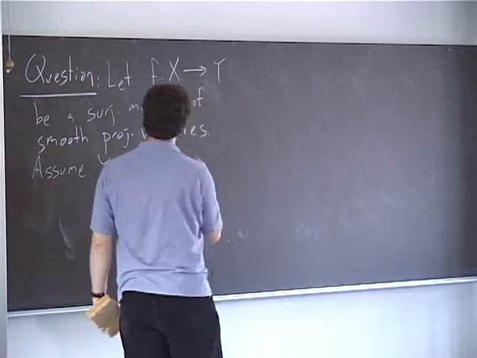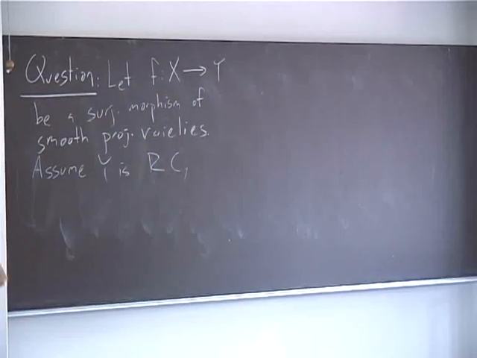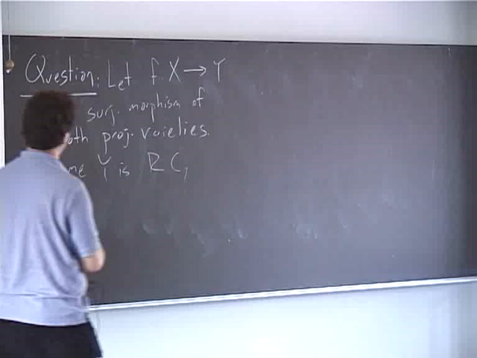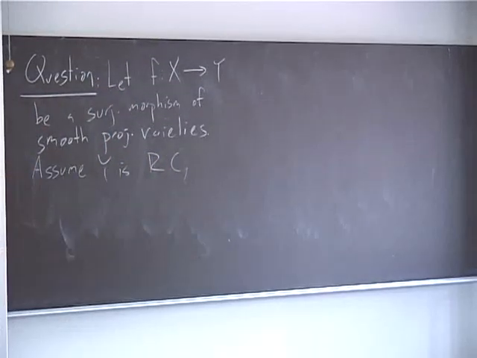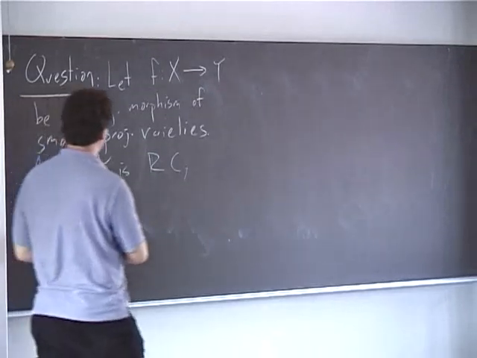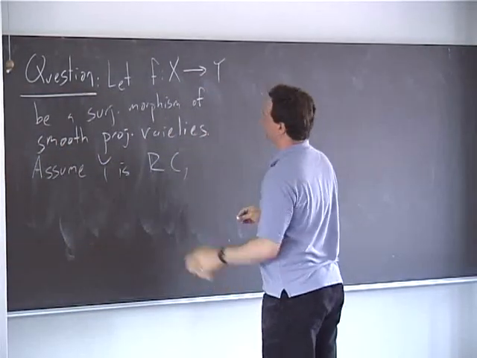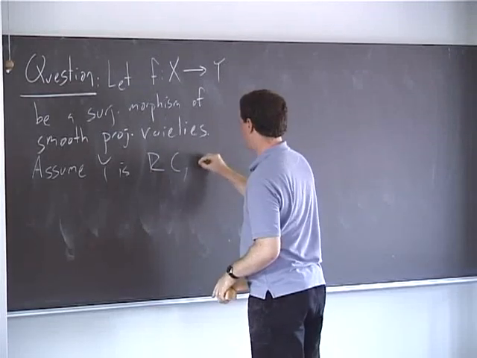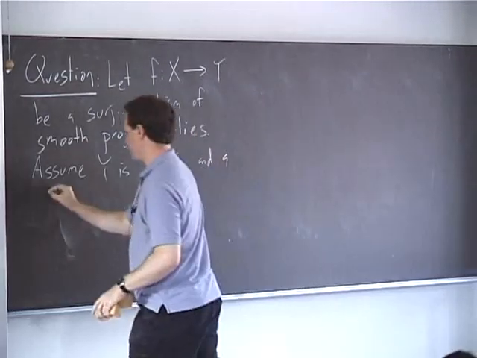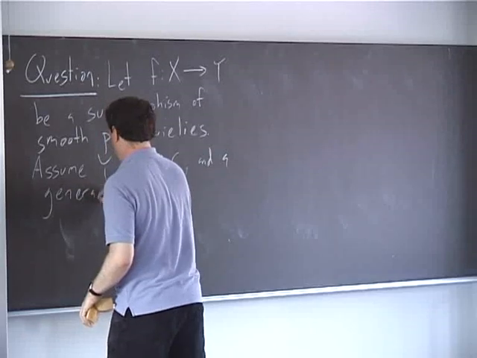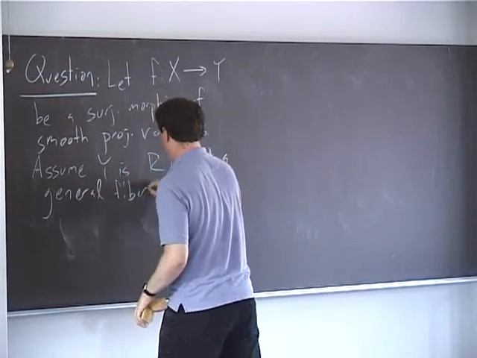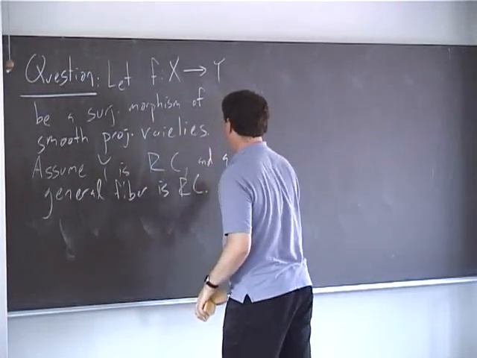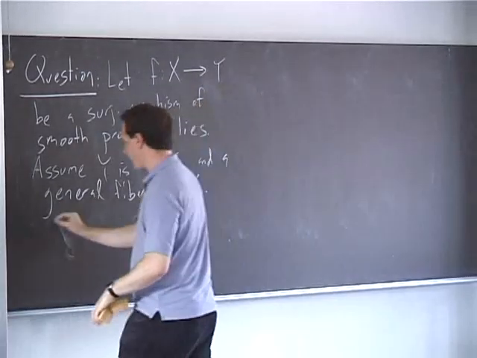But we also assume that a general fiber is rationally connected. So in particular, a general fiber is connected. So if you take that generically finite morphism from X to Pn, it doesn't have connected fibers unless X is rational. So that will rule out those cases. So assume Y is rationally connected and a general fiber is rationally connected. And then the question is, is X rationally connected?